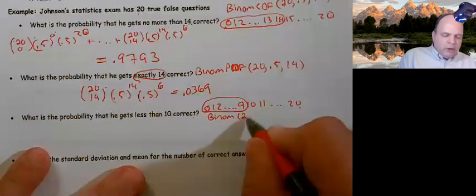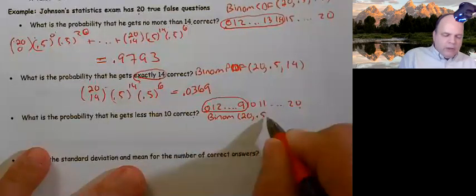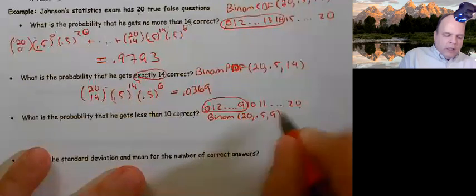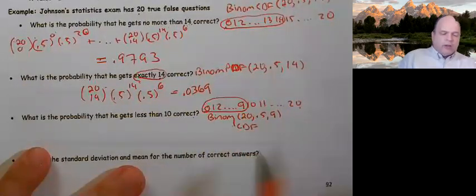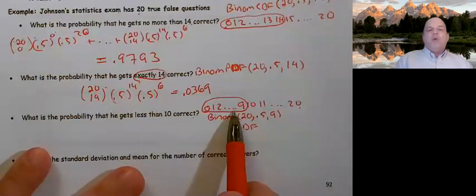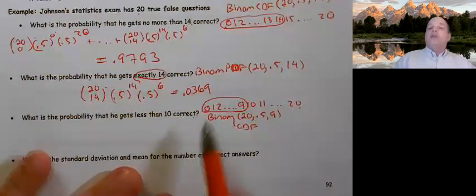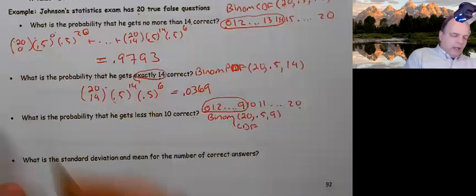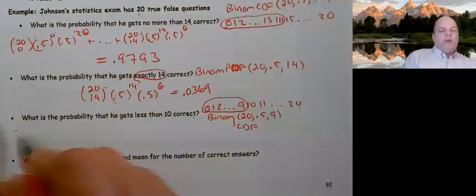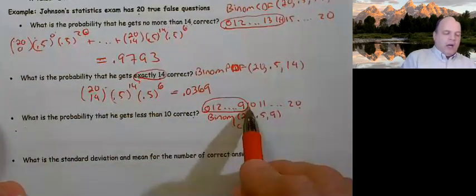Binomial, 20, 0.5, my x value is 9. Now this is a CDF, and I should have written that right here. It's a CDF because I have more than one value. This is going to be the sum of the PDFs: the PDF of 0, the PDF of 1, all the way to the PDF of 9. So I need to show my lowest plus my highest.